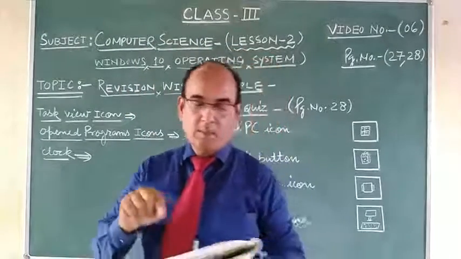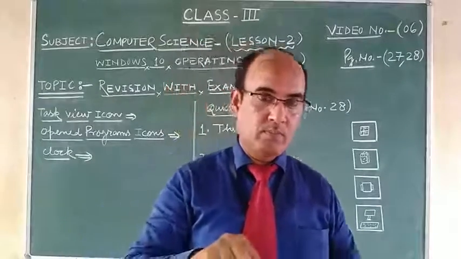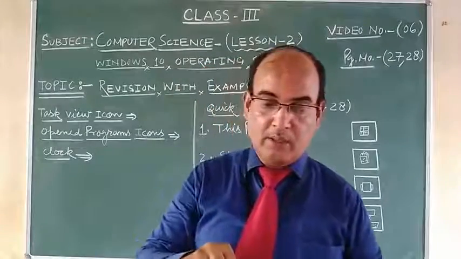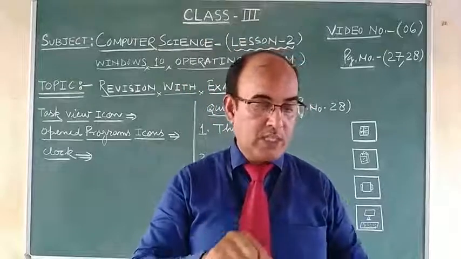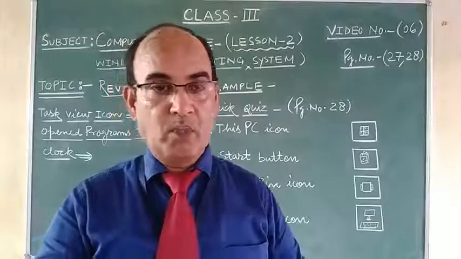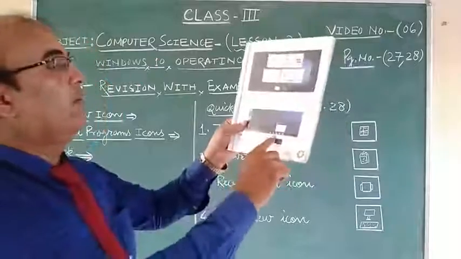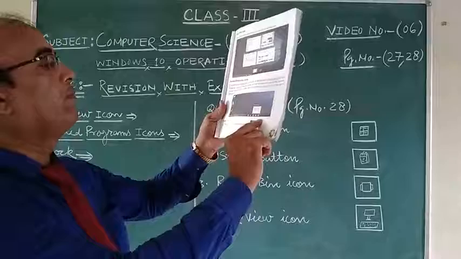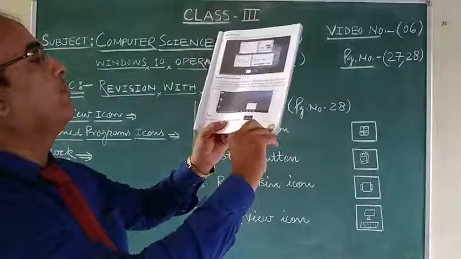When we place the mouse pointer on the minimized icon on the taskbar, we see a small preview of the app. You can see a small preview of the app here. It is given on page number 27.